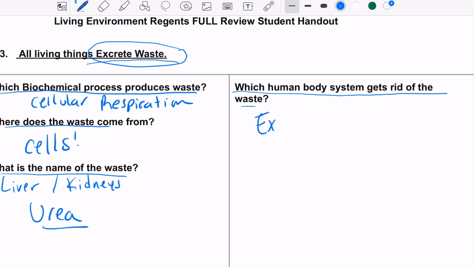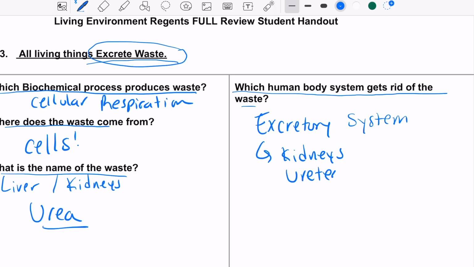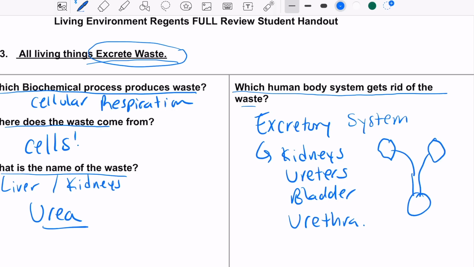The excretory system, which is made up of kidneys, ureters, bladder, urethra. You have your kidneys, your ureter, your bladder, your urethra. When you urinate, you are removing urea.